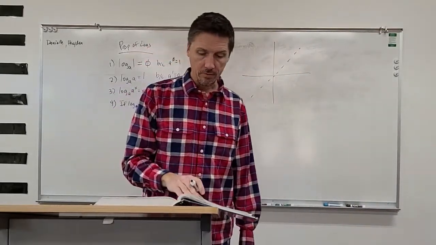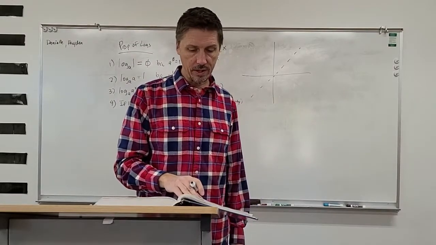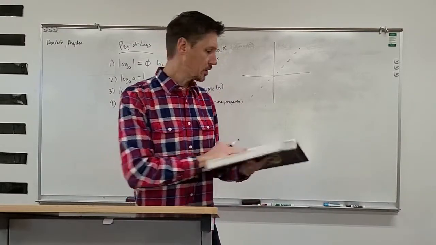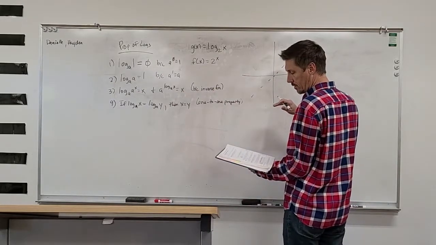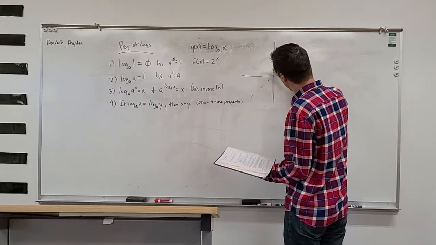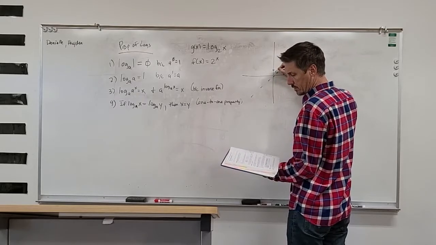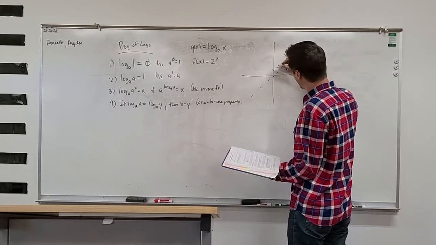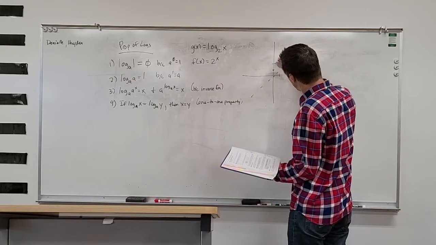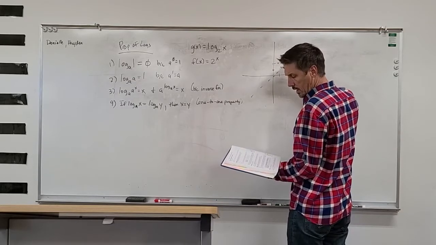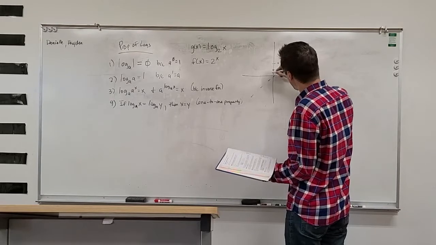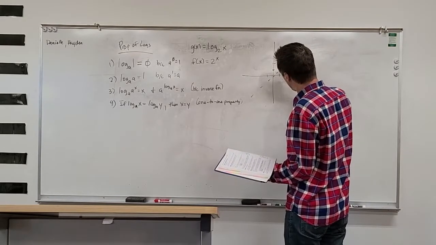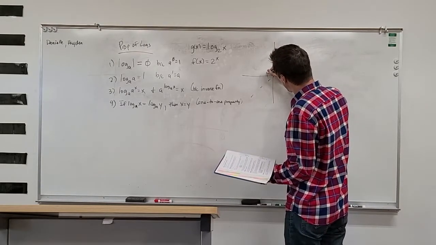Okay, so if we plot f of x equals 2 to the x power, we come up with a graph where you've got a point here at 0, 1, and then another one at 1, 2, and they plotted one at 1/2, -1, so they plotted one here.